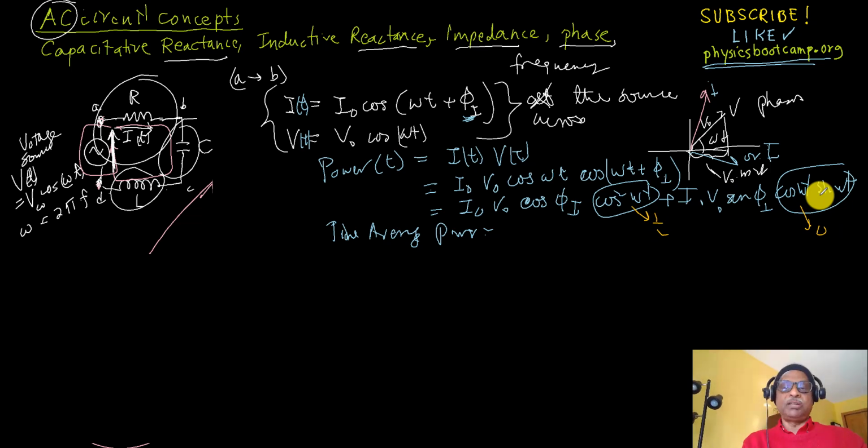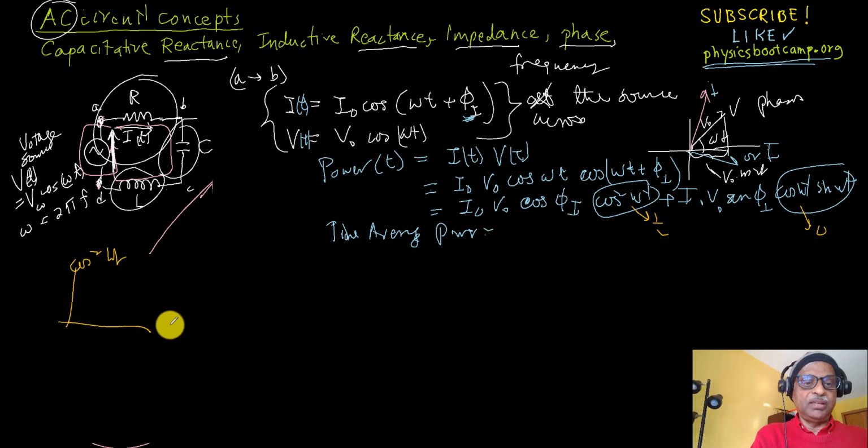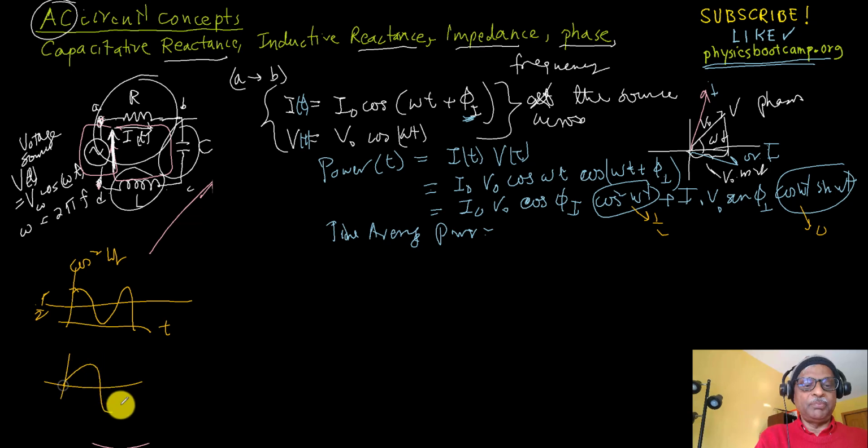And you should convince yourself, we have talked about this in a previous video, that if you have cosine square omega t versus t, the time average will be half. But if you have something going up and down, up and down, then the time average will be 0.